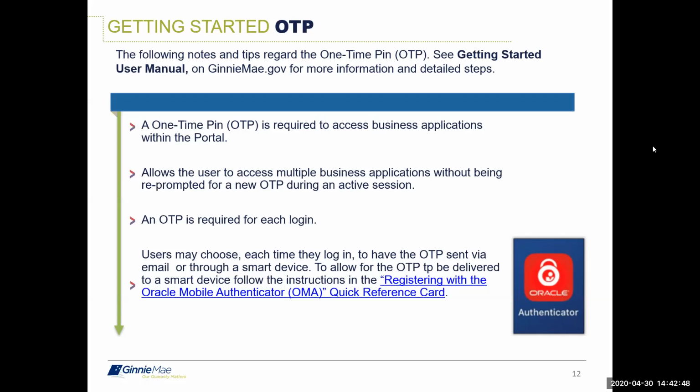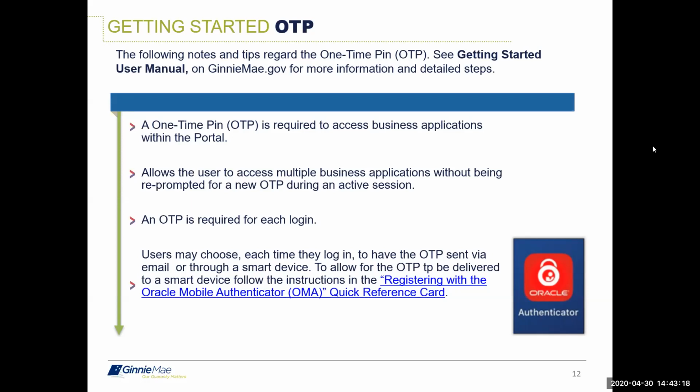Just know that the instructions for getting set up with the Oracle Mobile Authenticator are in the Getting Started user manual. And there is a quick reference card that is posted on the GinnieMae website for how you do that. One key important thing I will note is that there is more than one Oracle Mobile Authenticator application in your store, depending on what device you have, whether Google or an iPhone.